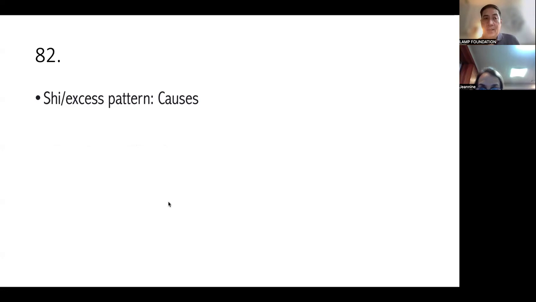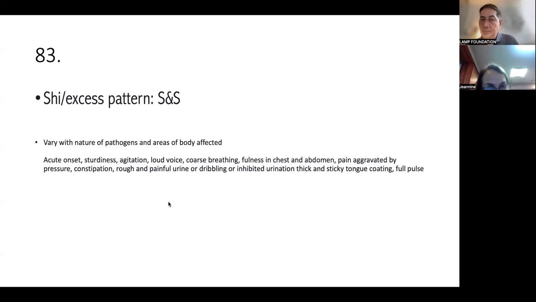Next, signs and symptoms of excess pattern. 83. So it's acute onset. Irritability, loud voice, coarse breathing, fullness in the chest and abdomen, pain aggravated by pressure, constipation, rough and painful urination.